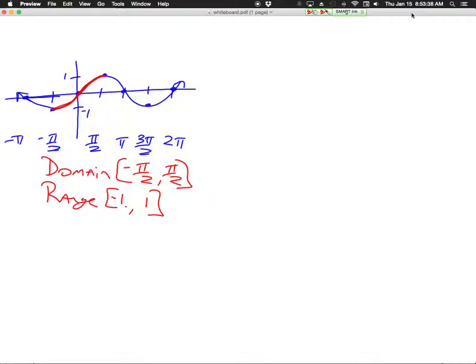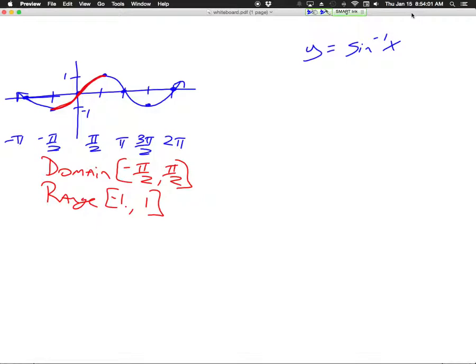So now that I have that, I can start thinking about the inverse sine. What do I already know about the inverse sine function? Or should I know now? It will pass the horizontal line test. It would also pass the vertical line test.